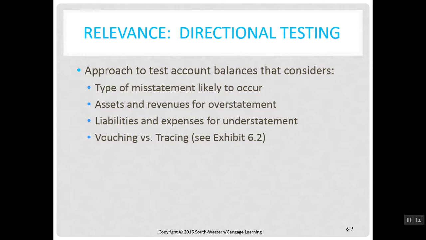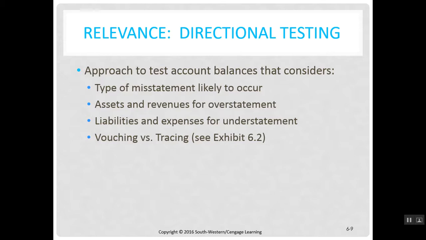Obviously, a misstatement is still a misstatement. But when we're looking at assets and revenues, we're testing to make sure it's not overstated, that they're not reporting more than they actually have. And for liabilities and expenses, we're testing to make sure that they're not understated or have less than they say they do. And this is where we look at the difference between vouching and tracing.